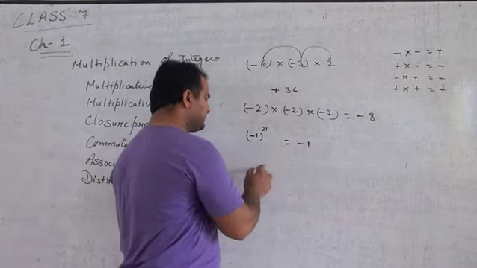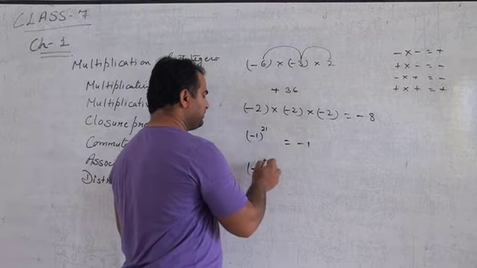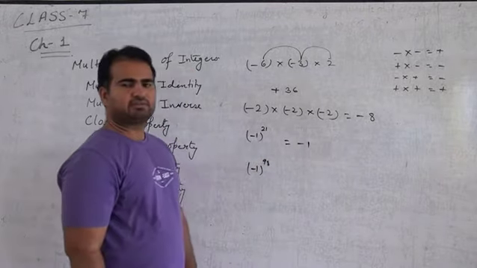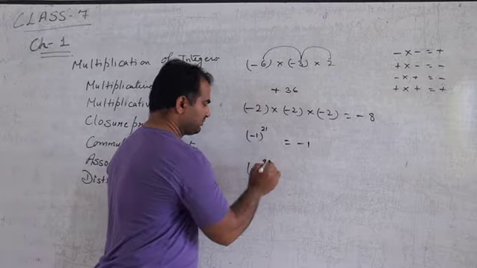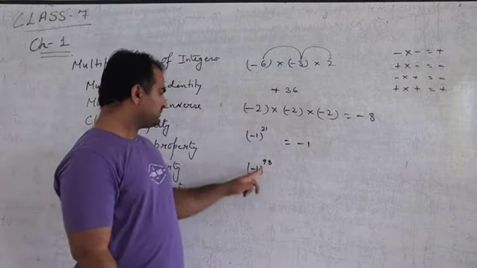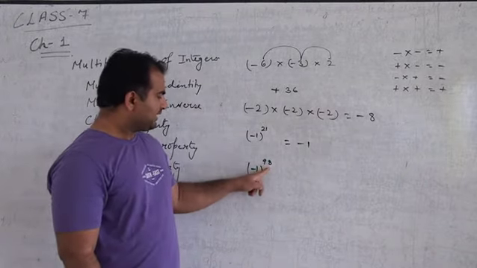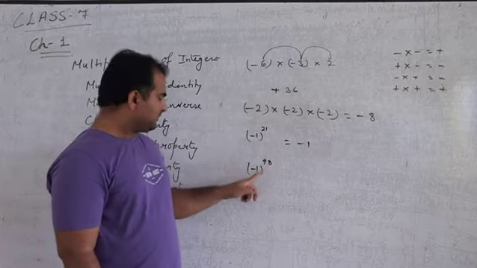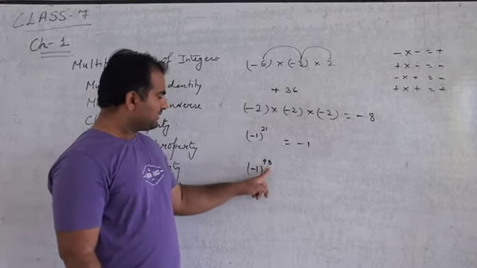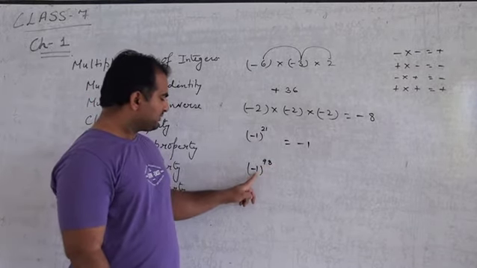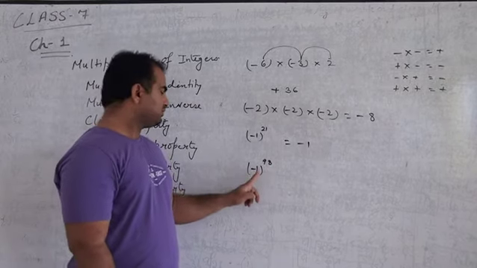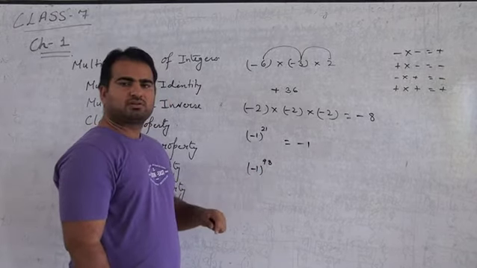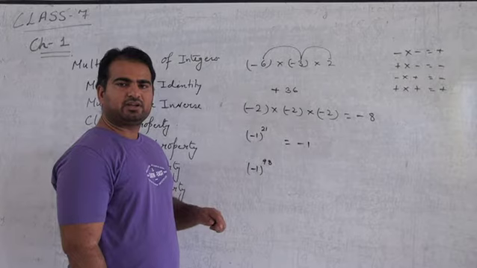What if the expression is minus 1 to the power 98? We have to think whether 98 is even or odd. The negative sign is carried 98 times. So how many negative signs are there? 98.